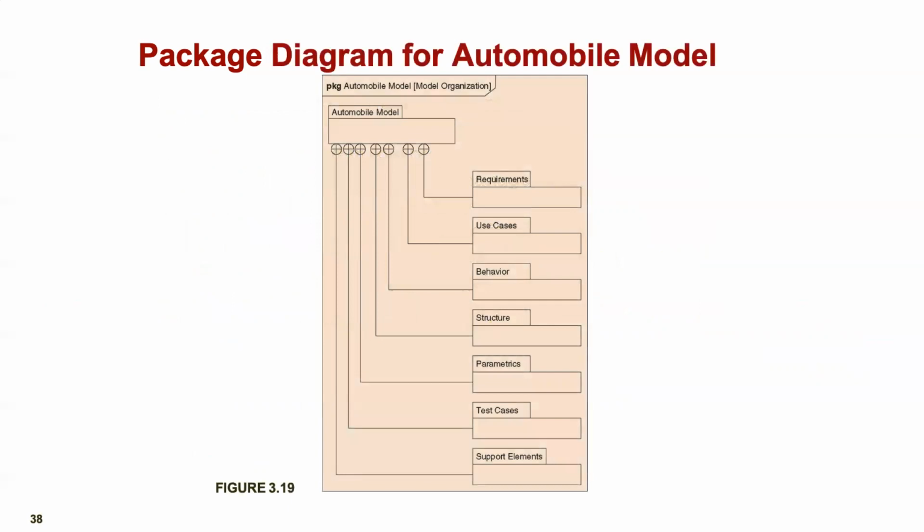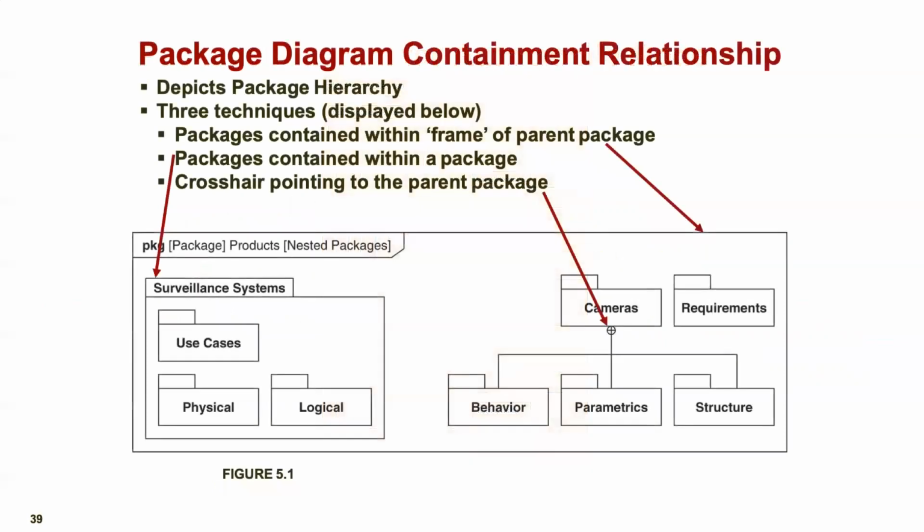So I showed this example already. This is a package diagram for an automobile model. Here's an example diagram dealing with the containment relationships. This is the crosshair pointing to the parent package, and so we're seeing this kind of relationship. A package contains within a package, that's another possibility.